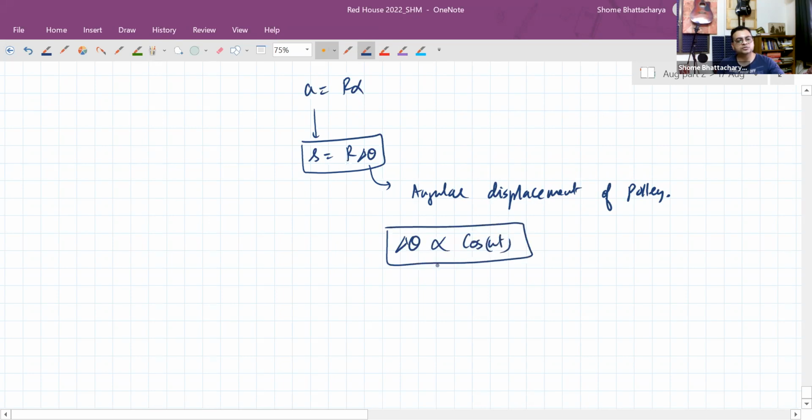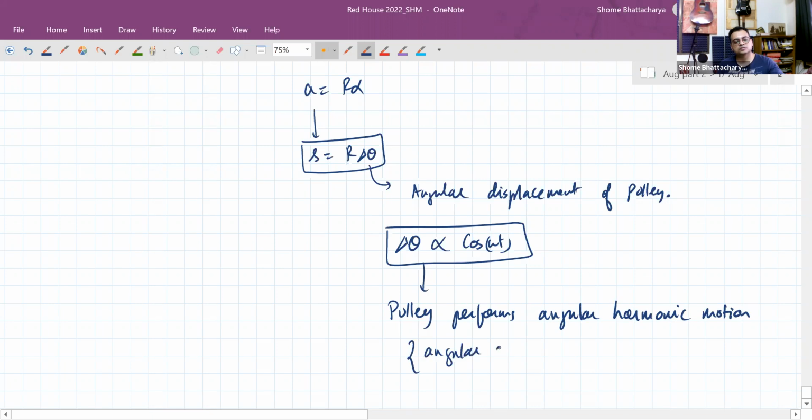So the pulley performs something called angular harmonic motion. That is, the angular displacement is a harmonic function of time, or a sinusoidal function.